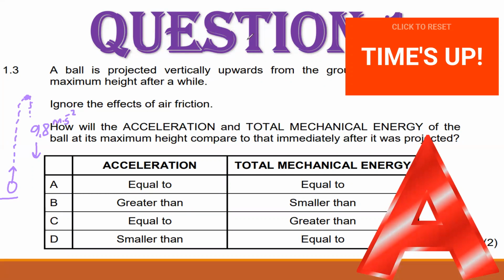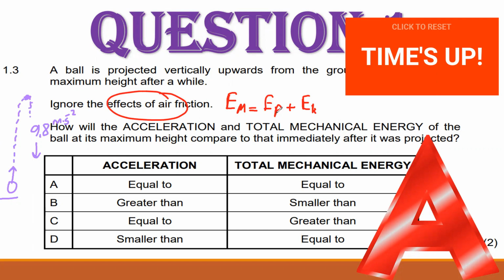And total mechanical energy. What was the total mechanical energy? Do you remember that? Mechanical energy equals potential plus kinetic energy. If you don't have friction force, because we ignore the effect of air friction, all right? So conservation of mechanical energy, remember that?